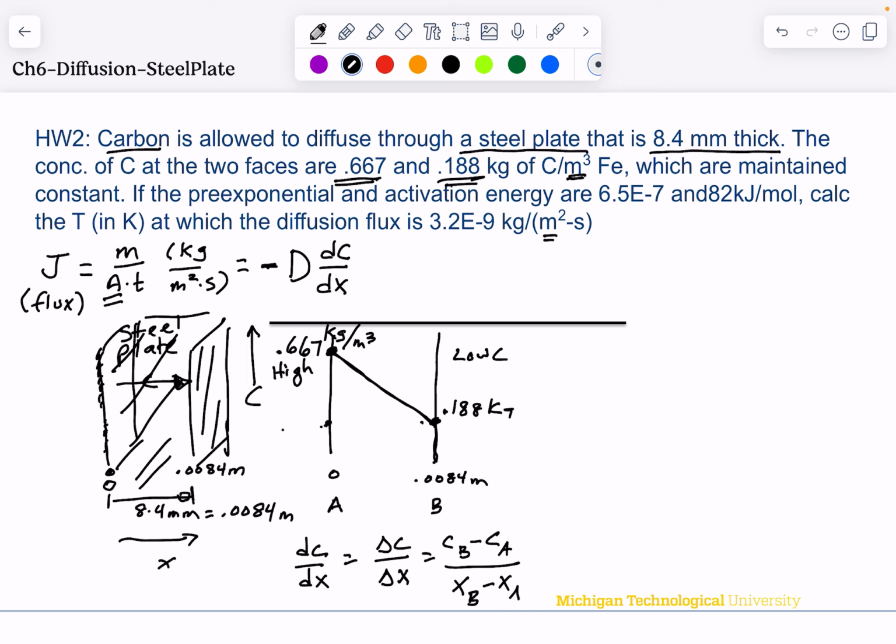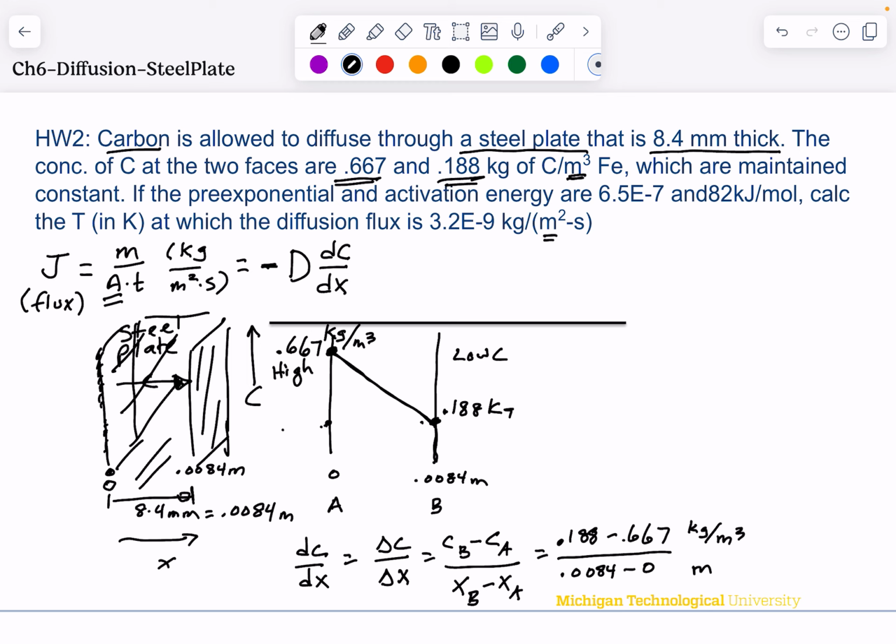And so in this case, we are going to see 0.188 minus 0.667 divided by 0.0084 minus 0. The units of concentration are kilograms per cubic meter, and then the units at the bottom in distance are in units of meters.